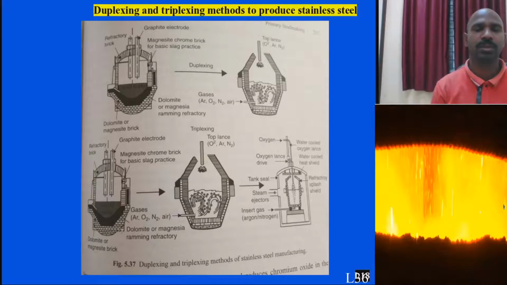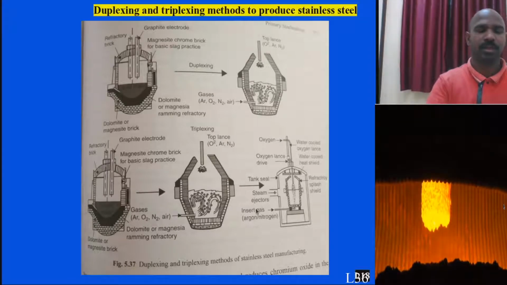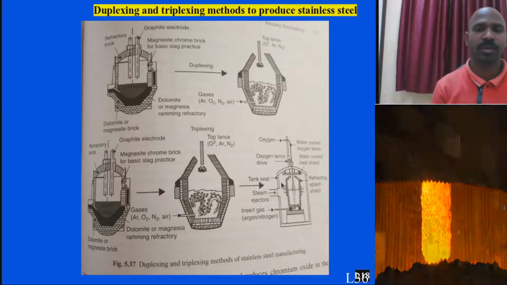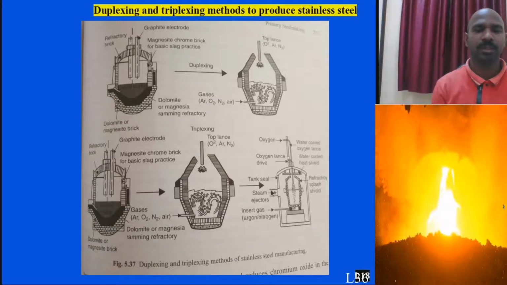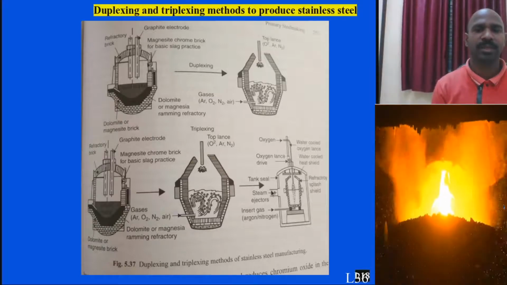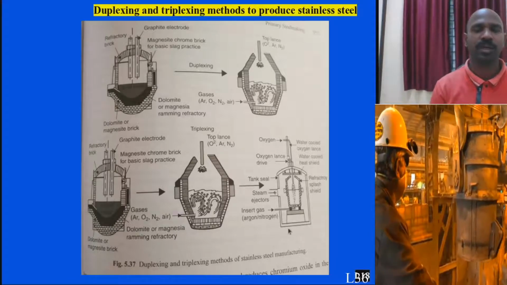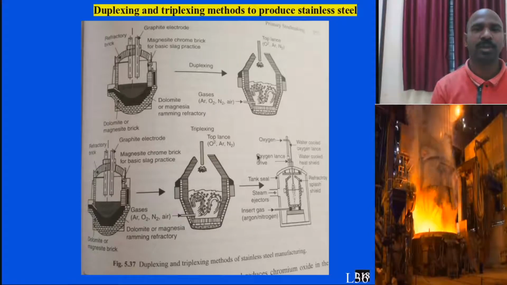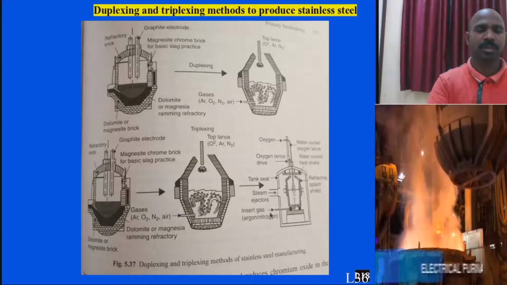There is another method: along with these two steps, if you include a vacuum tank, this is aimed at reducing the carbon content further based on the application requirement, such as deep drawing quality steels and austenitic stainless steel. You include this step so that carbon can be reduced to around 0.03% also.